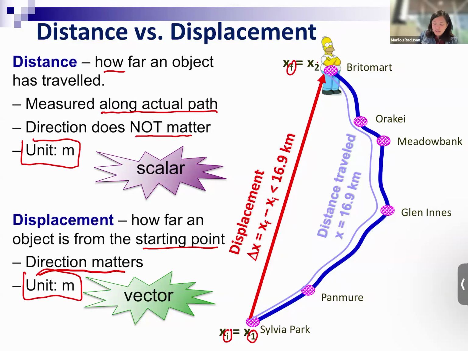In some notations, you'll see the subscript 2 being used to indicate the final position. The displacement is then just the straight line distance between the final position and the initial position. Right? And so it's easy to see that the displacement of Bart Simpson is less than the distance that he traveled going from Sylvia Park to Britomart. So that's the fundamental difference between distance and displacement.